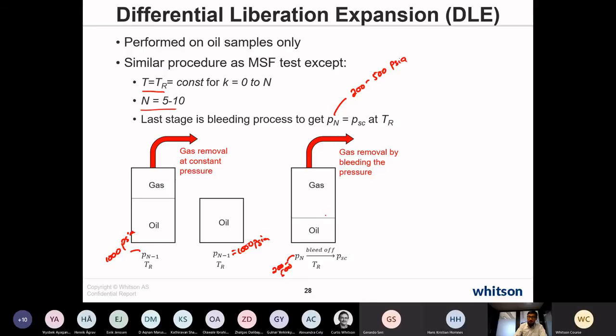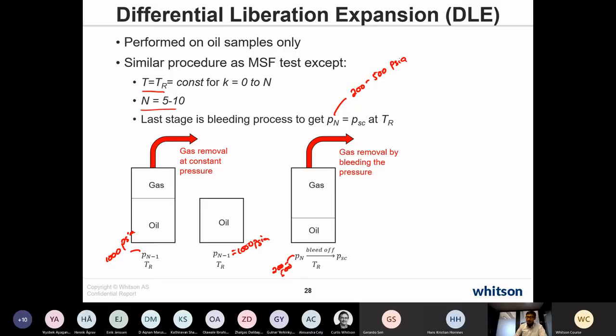And now we remove this gas phase volume, and then we have to do some kind of bleeding process to go from 200 to 500 psi to the standard condition.